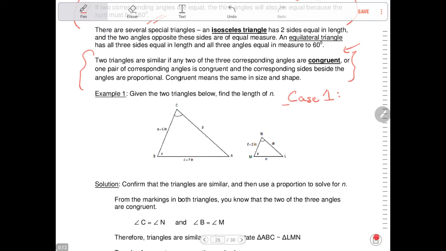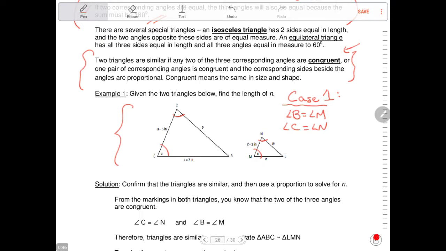The first situation, which matches the first sentence there, is if you find that you have two equal angles. For example, let's say you look at two triangles and figure out that angle B is equal to angle M. We also know that angle C is equal to angle N. Well, we have two matches on angles now.